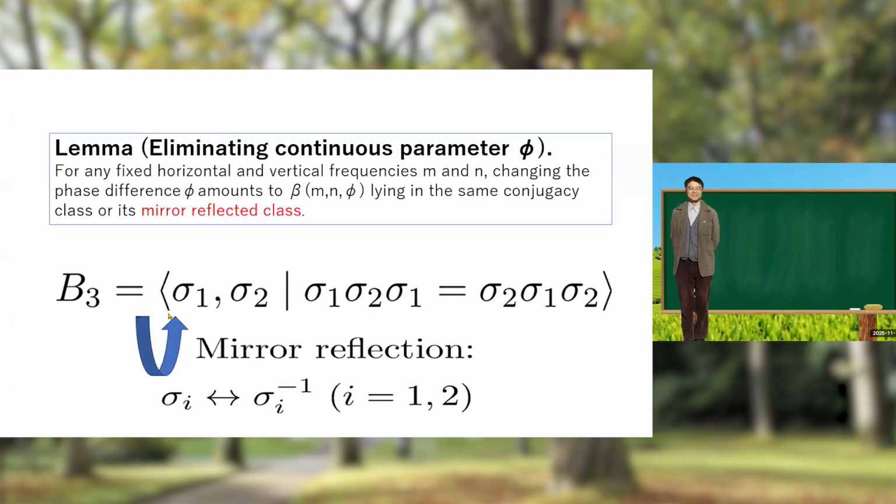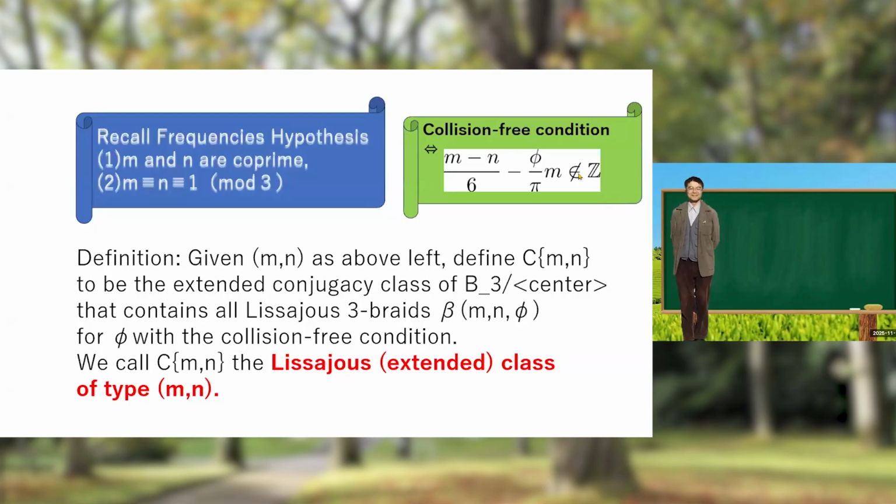So changing the phase parameter doesn't make much difference for this topological consequence. This is our strategy.